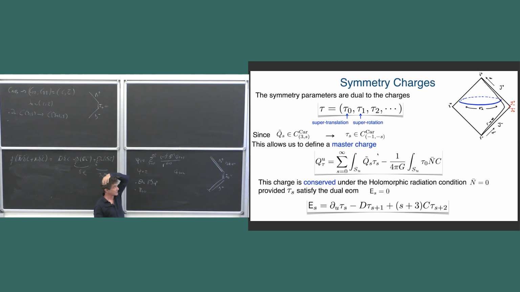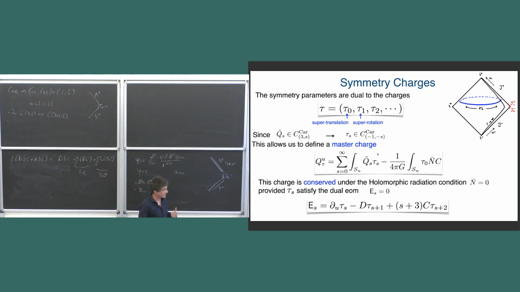The super rotation is a vector, so it's a spin -1, and then you have a spin 2, and so on, spin 3, an entire tower of charges. And what you can do is define this master charge, which is essentially the integral of QS times tau S. There's a correction term for Bondi. I'm not going to think about it, just as this natural object.